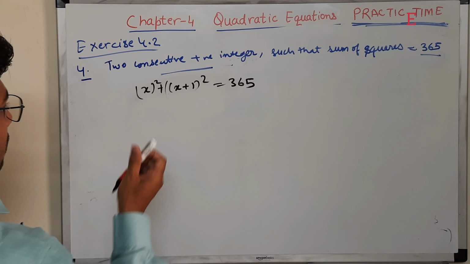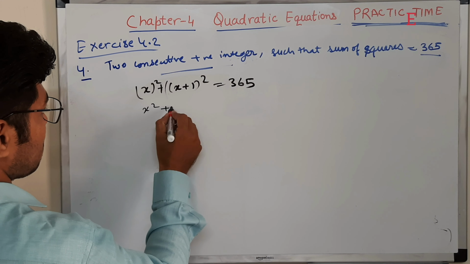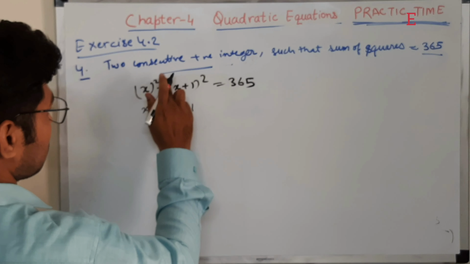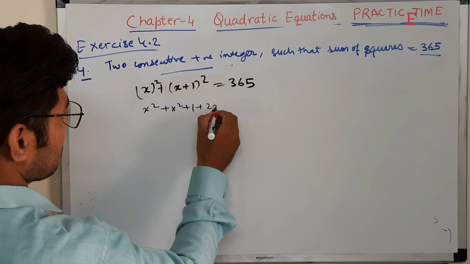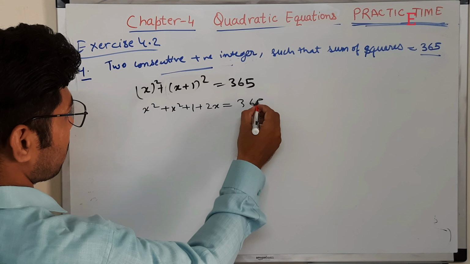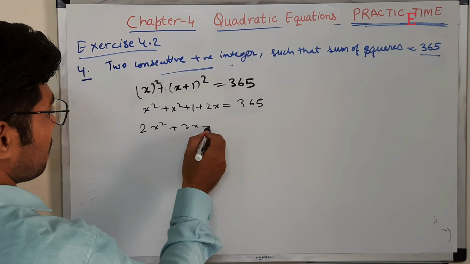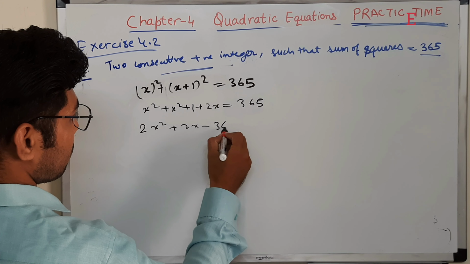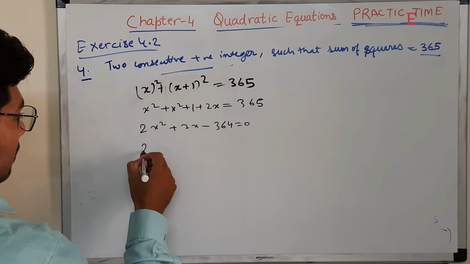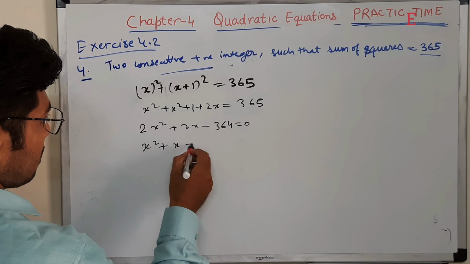So solve it. x square plus x square plus 1 plus 2x is equal to 365. If you solve it, you will get 2x square plus 2x minus 364 is equal to 0. Divided by 2, you will get x square plus x minus 182 is equal to 0.